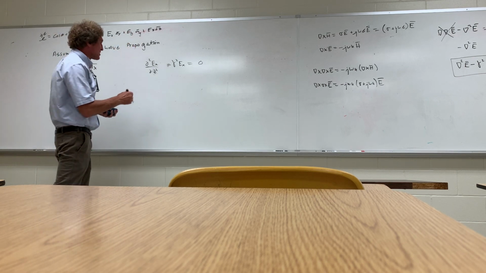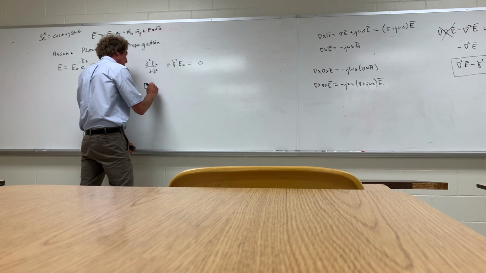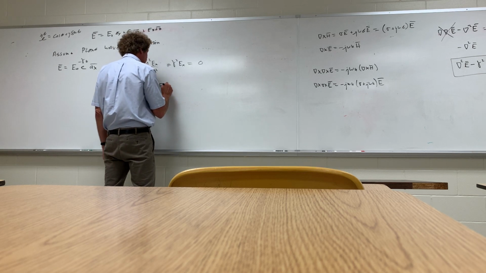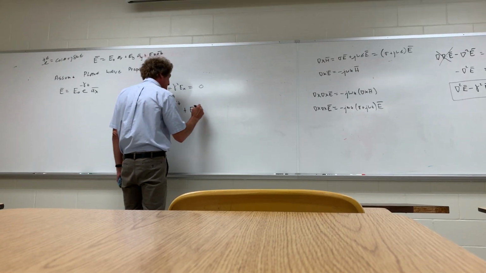Either one. The general solution to this would be what? E_x would be E_0, call it the magnitude, E_0 plus e to the minus gamma Z plus E_0 minus e to the plus gamma Z. Now, this is the general solution.